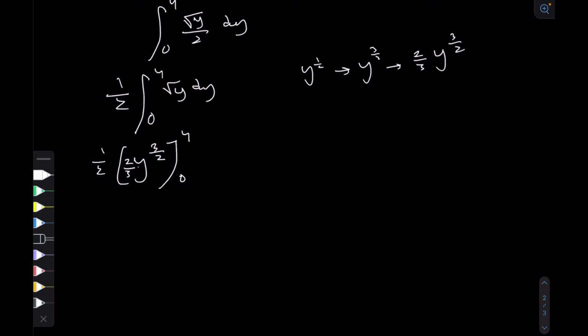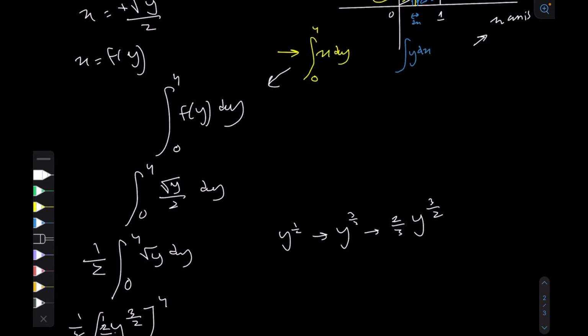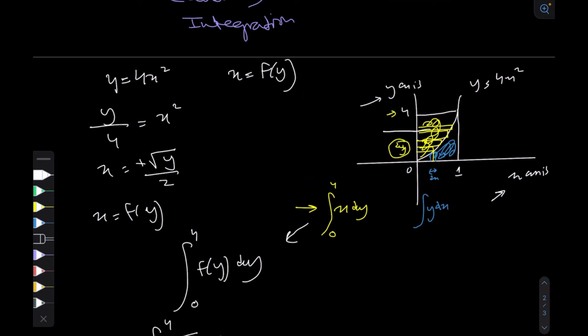Let's take the 2 over 3 out, so 1 over 3, y to the 3 over 2, from 0 to 4. This is 1 over 3 times 4 to the power 3 over 2 minus 0, which would be 1 over 3 multiplied by 8, which would be 8 over 3, and this is our answer. 8 over 3 is this yellow area.